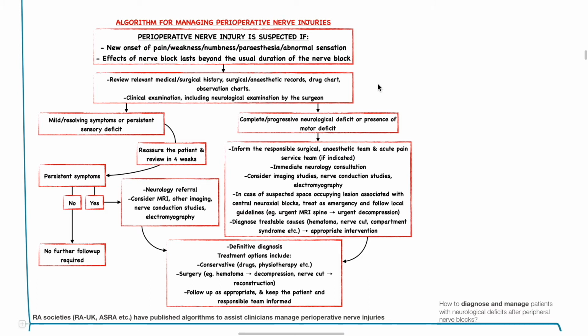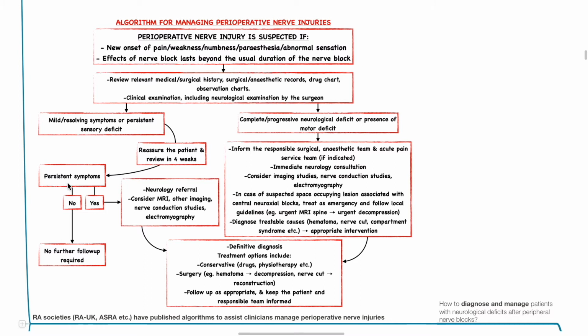Review relevant medical or surgical history, surgical or anesthetic records, drug chart, and observation charts. Clinical examination, including neurological examination by the surgeon. If there are mild or resolving symptoms or persistent sensory deficits, reassure the patient and review in 4 weeks. If there are no persistent symptoms, no further follow-up is required.